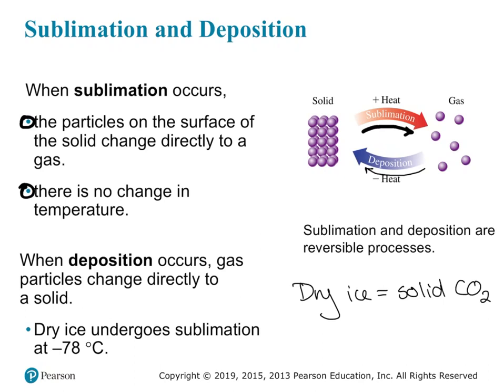It always goes from solid to gas. So that's sublimation. Now, sublimation and deposition are reversible processes, so similar to melting and freezing. So the amount of heat needed to turn dry ice into a gas is the same heat that's released when the gas turns back into a solid.